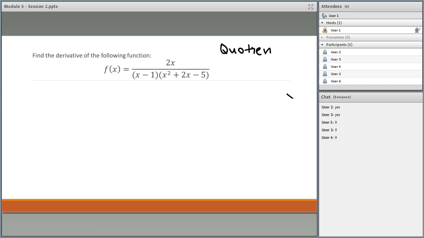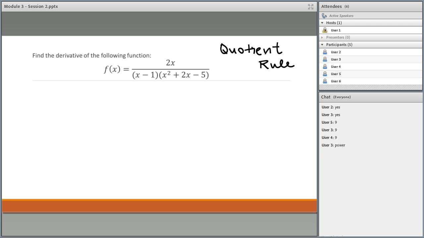Is there any other rule that we might end up needing? Good. We will need the power rule.